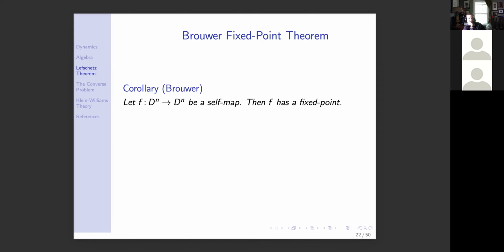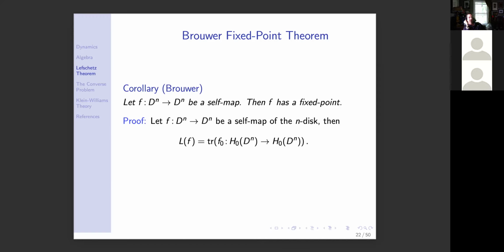A corollary of the Lefschetz fixed point theorem is the Brouwer fixed point theorem, which you might know of, which is usually proved differently. So let F mapping the n disk to the n disk be a self map, then F has a fixed point. Proof: we can look at the Lefschetz trace of that self map. But the disk is convex, so the homology vanishes in every degree except 0.